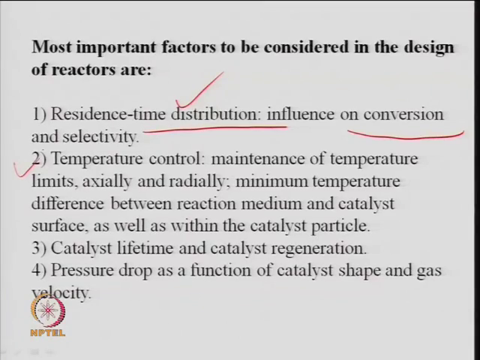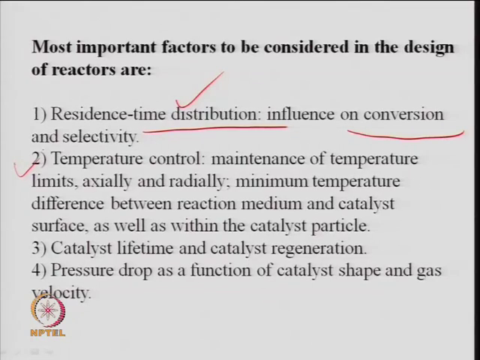The second is temperature control. That is again important, especially when the reactor is operating under non-isothermal conditions. So, maintenance of the temperature limits: axial temperature gradient, radial temperature gradient, minimum temperature difference between the reaction medium and the catalyst surface.